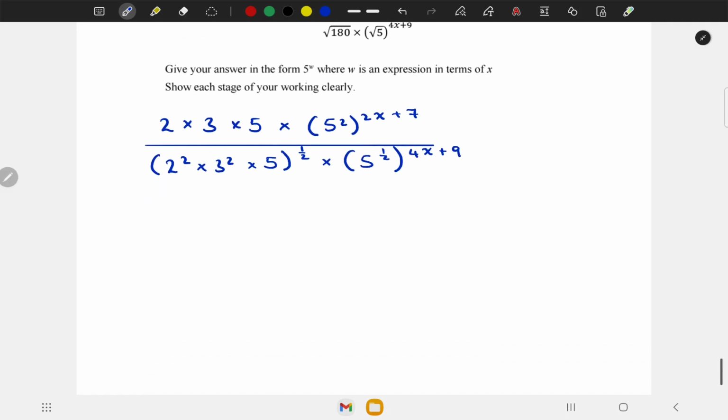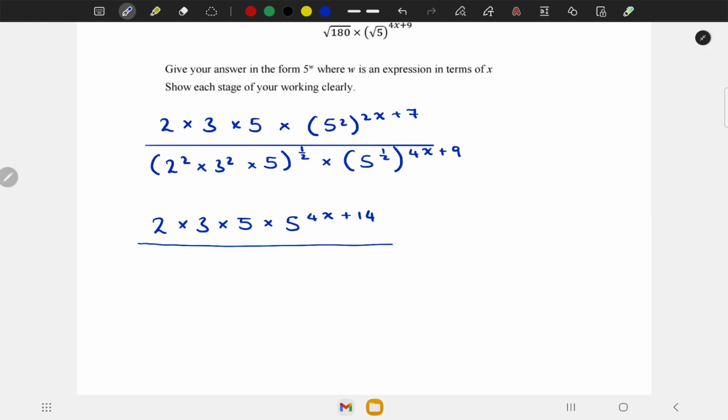Now, I try and clean these up. So, my numerator, still 2 times 3 times 5. We're not going to multiply them out. Remember, when you have a power raised to a power, we multiply the power. So I'm multiplying 2 multiplied by 2x plus 7, which gives me 4x plus 14. That's there.